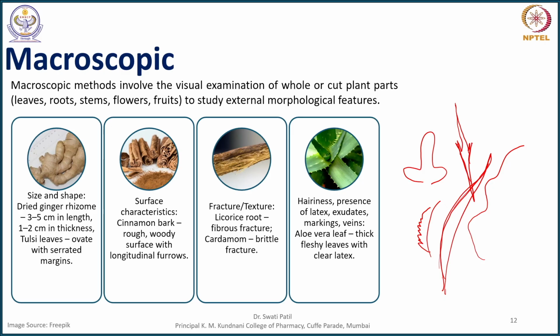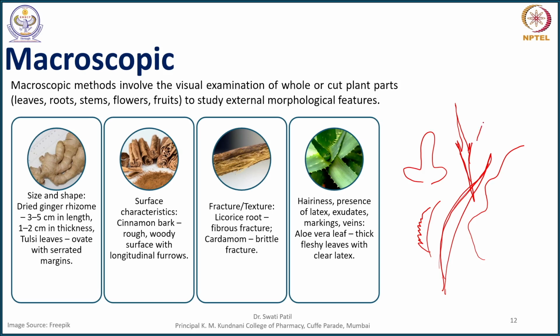If you look at the aloe leaf which is seen here, it has a lot of thorns on the sides. So, we can identify leaves based on how they look. The most simple one for macroscopic examination is whether it is a simple leaf or a compound leaf.